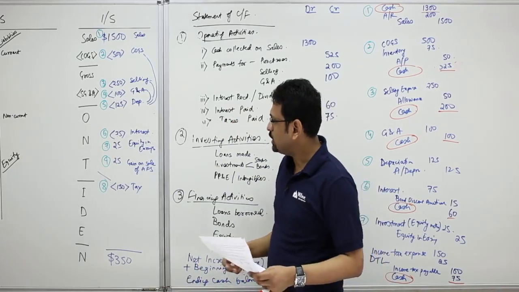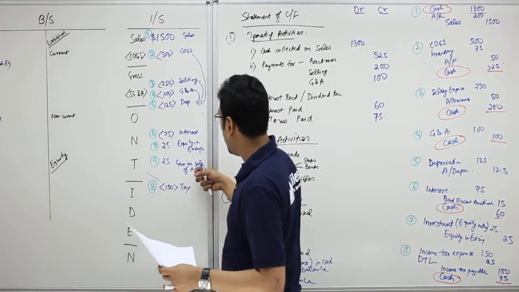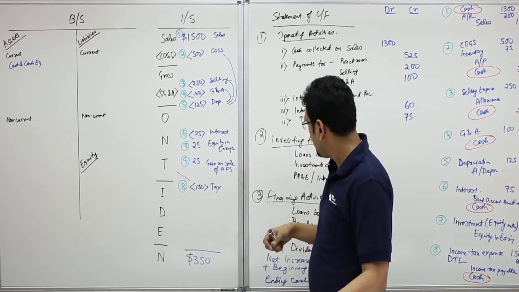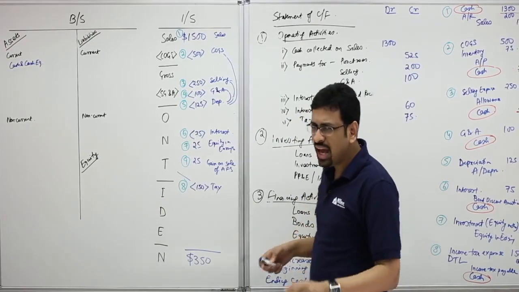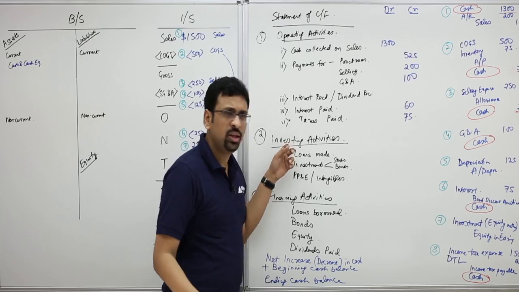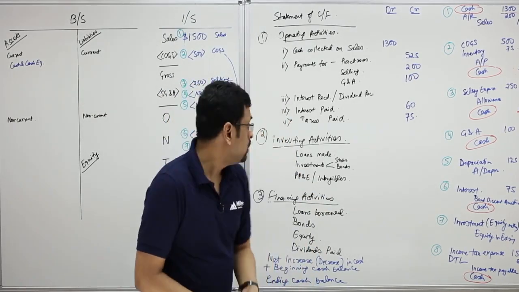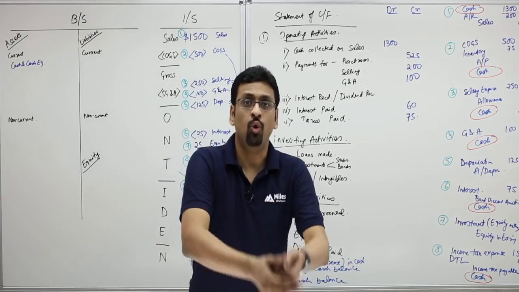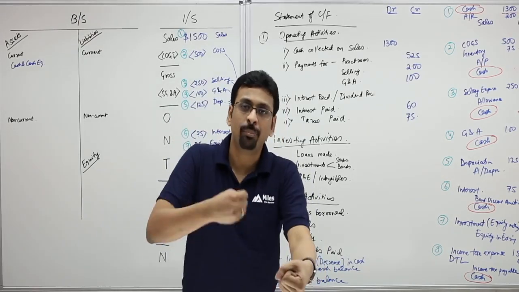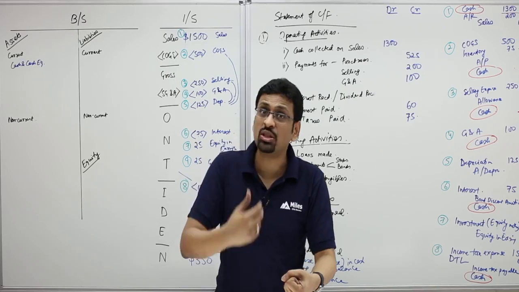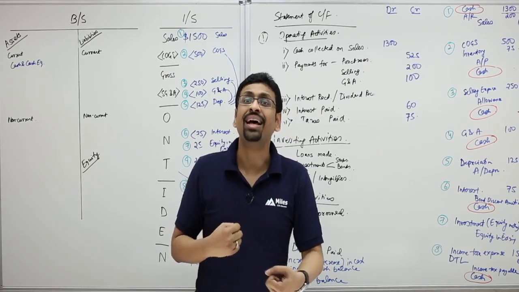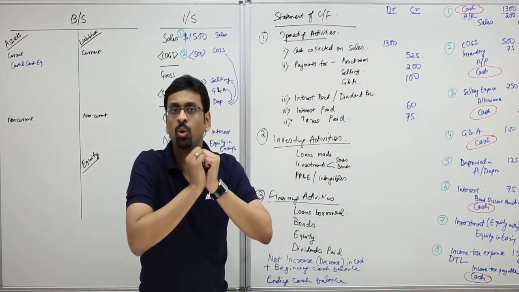Now, looking at the ninth one, gain on sale of available for sale securities. Now guys, gain on sale, I told you that would come under investing activities. When we are buying investments, that is a cash outflow. So cash outflow, we buy the investments. When we sell those investments and make gains, that's a cash inflow.